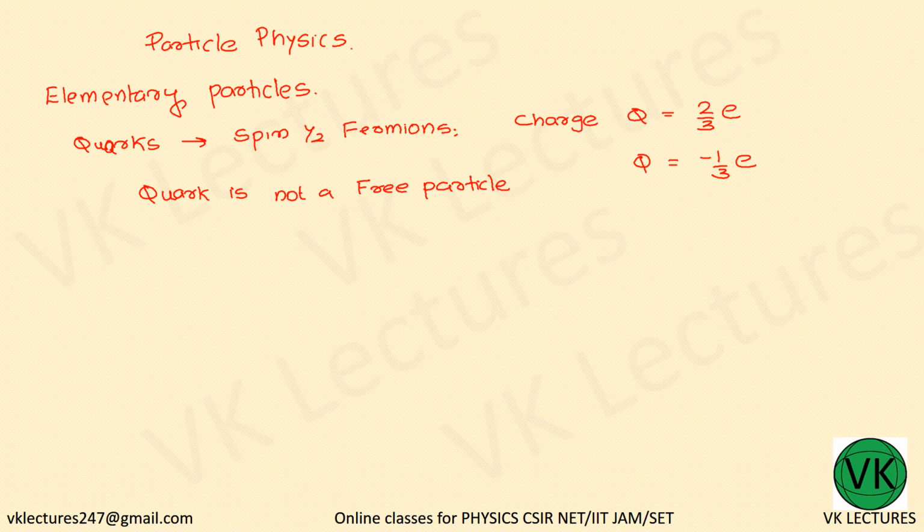That is, the basic unit of charge is e, Coulomb. So some fractions of e is not possible. Either it has to be quantization of charge. This is violating the law of quantization of charge.